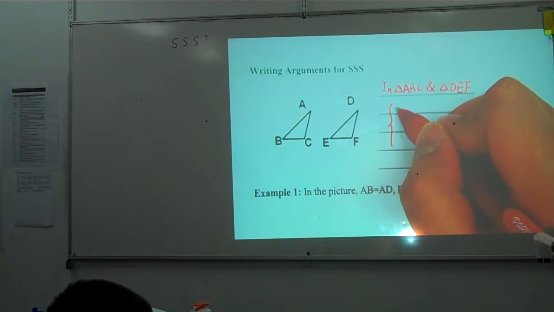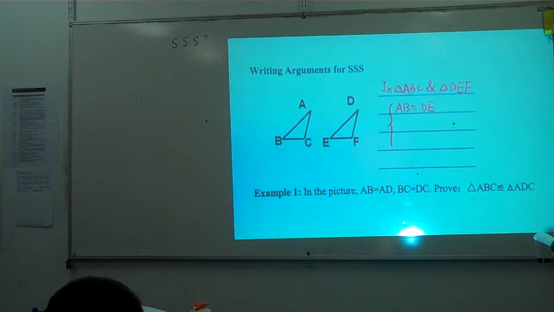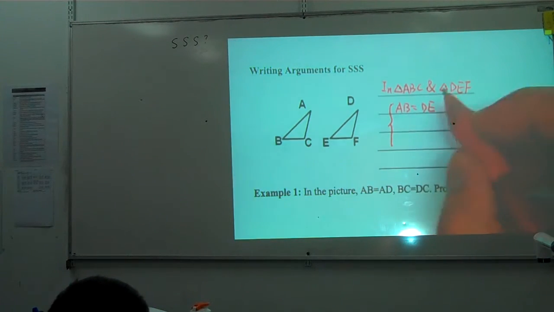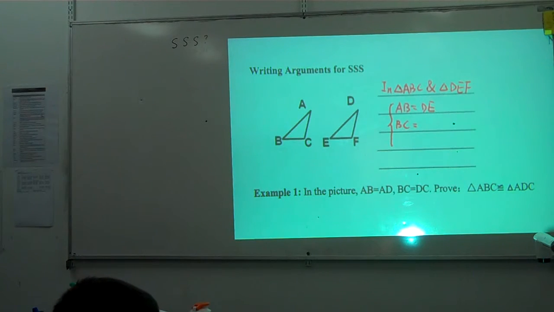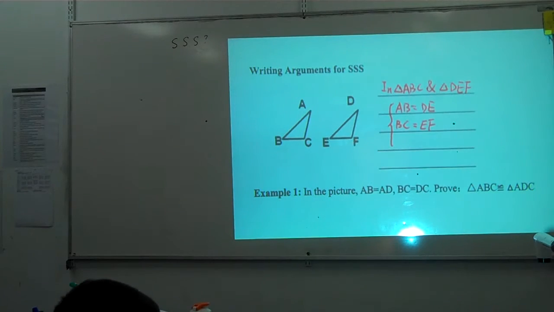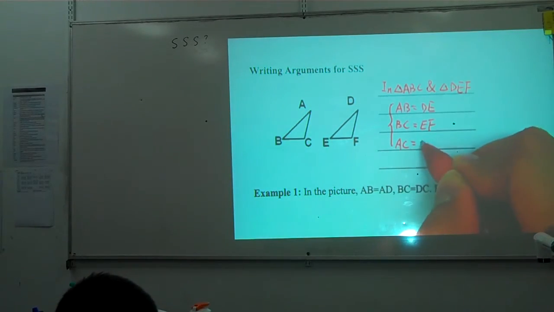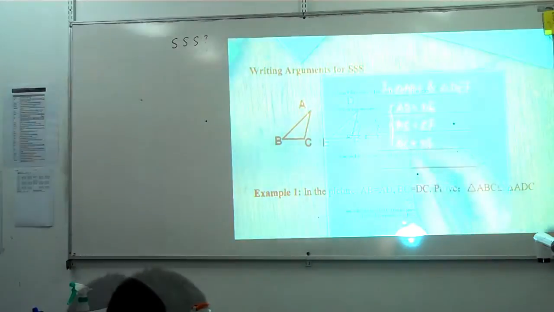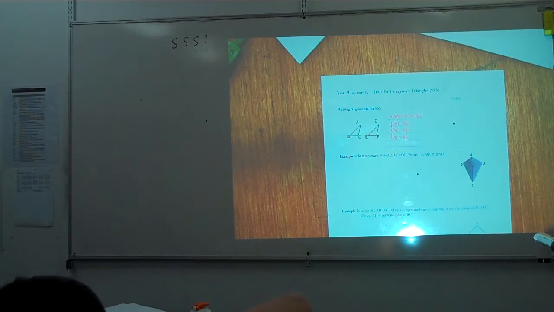If AB equals DE, BC equals, what do I write? BC equals EF. Good. Corresponding sides, or corresponding points, in order. Alright, in order. AC equals DF. Okay? Alright, we finished that.